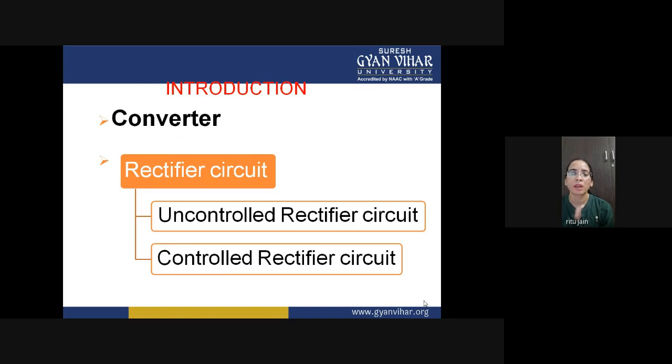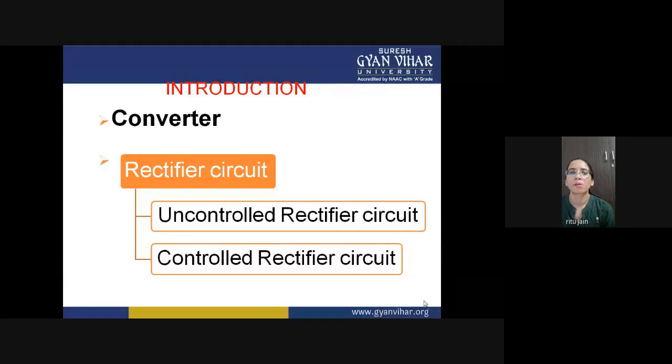So there is an excess number of electrons, and electrons will start to move from the cathode towards the anode, or towards your p layer. So movement of holes and electrons will start, and the current will start to flow. This is the basic difference between an uncontrolled rectifier circuit and a controlled rectifier circuit.